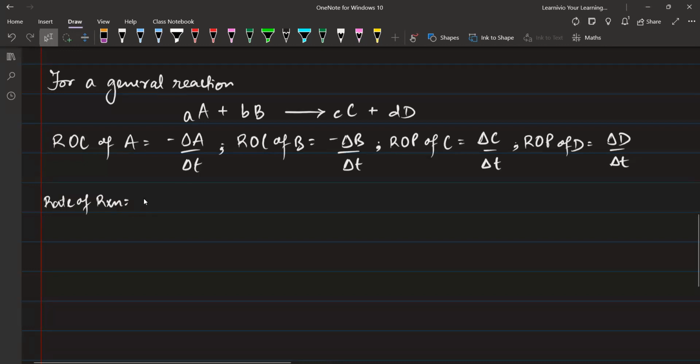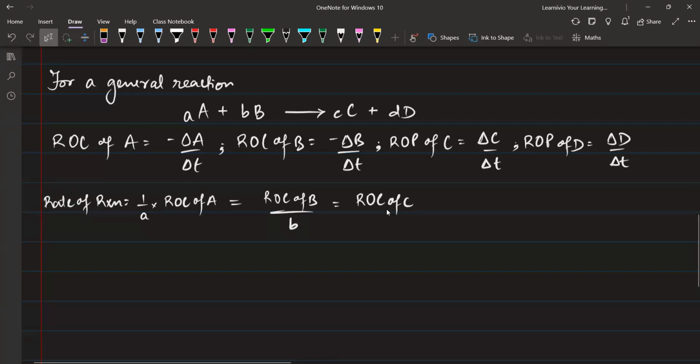this will be 1 by a into rate of consumption of A, which will be equal to rate of consumption of B divided by b, that is the coefficient.